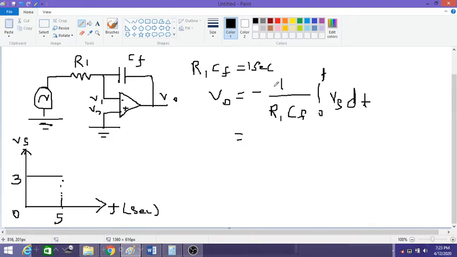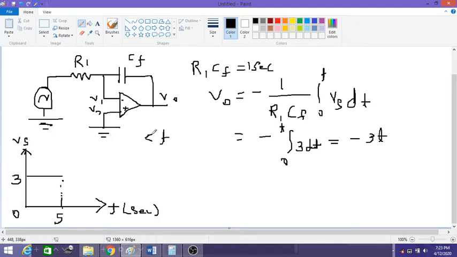Now we know that R1 into Cf is equal to 1 second, so it is minus integral from 0 to t of 3 dt, so we'll get minus 3t.